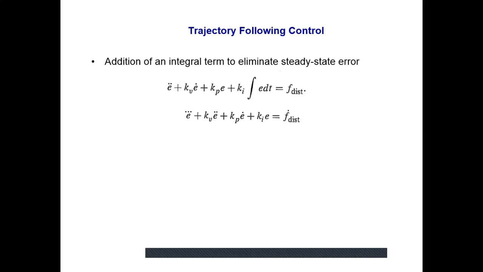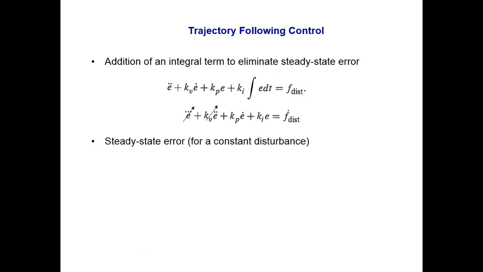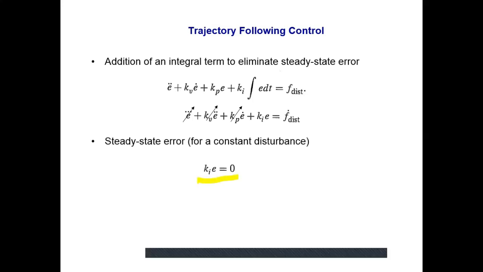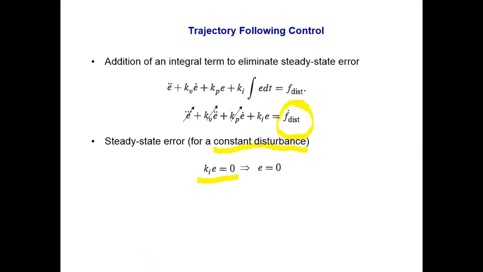We know that at the steady state, these values will be 0. So finally, we will get ki e is equal to 0 if the disturbance is a constant value. So the end effector will follow the prescribed trajectory.